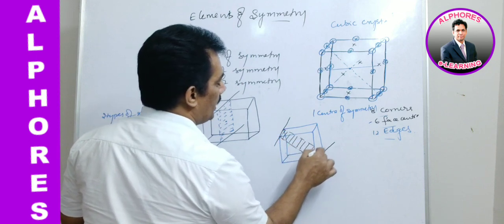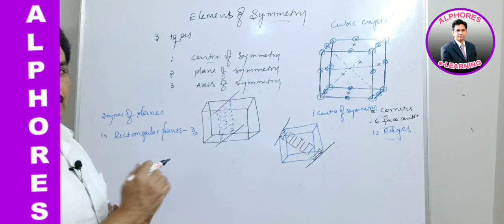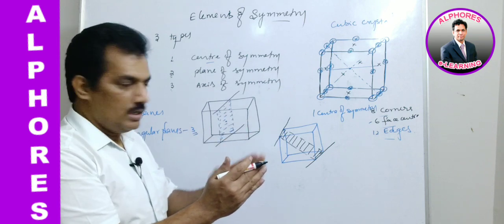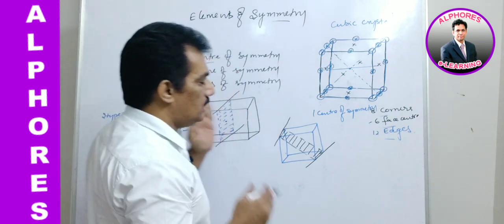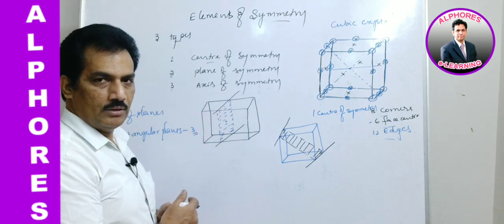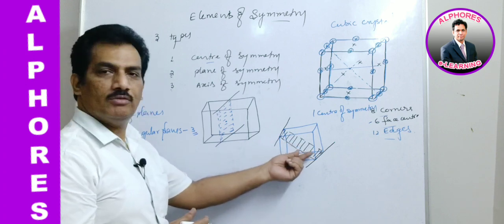I will get two equal halves which are mirror images to each other. When the cut is made, that plane makes two equal halves of the object which are mirror images to each other. It is also a plane of symmetry.